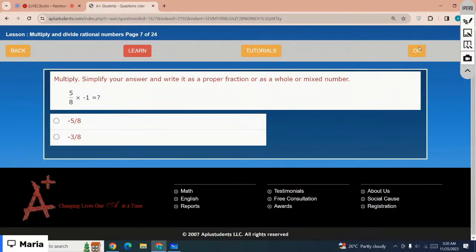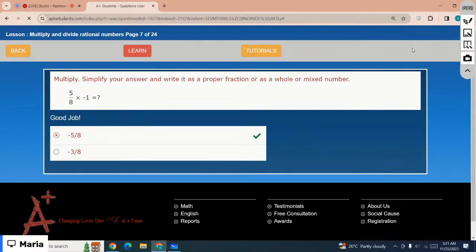Okay, 5 by 8 times negative 1 equals, yes, that is negative 5.8.